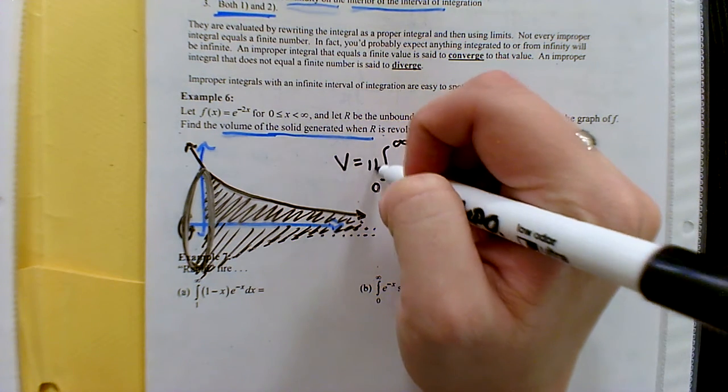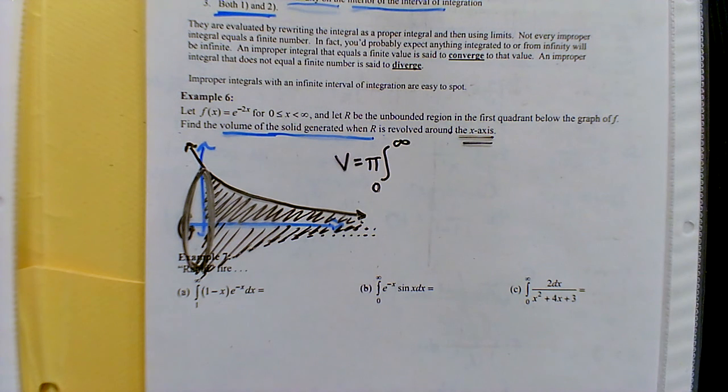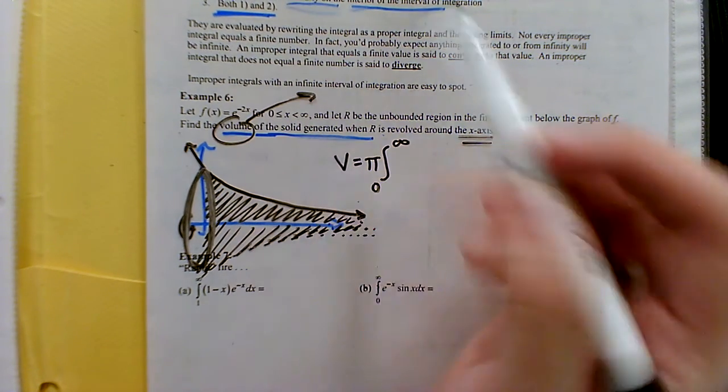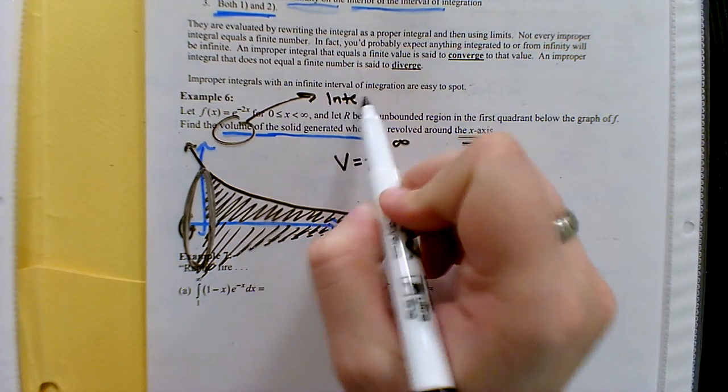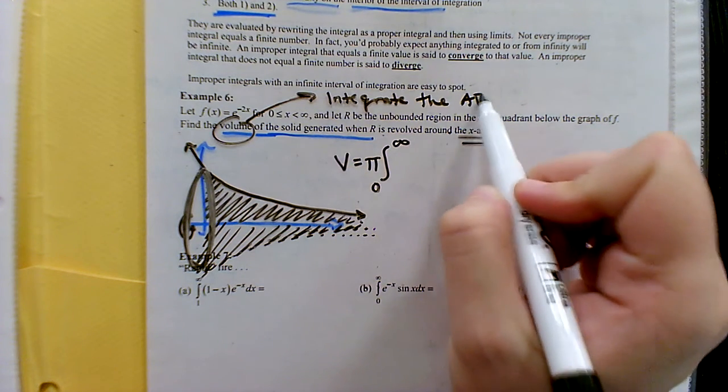You got coefficient of pi, yep. Okay. If you're trying to figure out volume, okay, where's that word in here? If you're trying to figure out volume, you need to integrate the area.